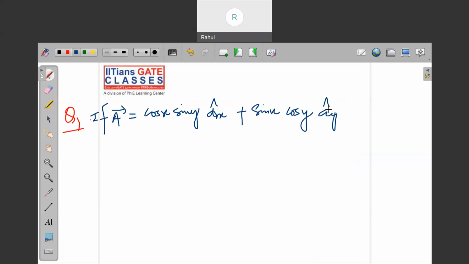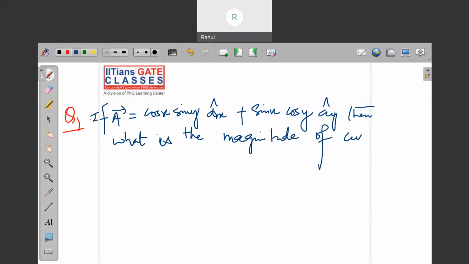Then what is the magnitude of the curl of A?